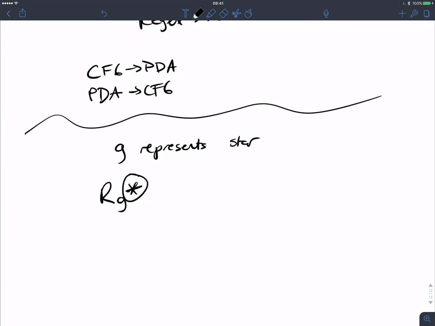RG is acceptable because R could be 0. So there's no operator between a valid regex and then a character star. In the example I had 0, star, star, star. There's no operator in between each one of those because star actually is an operator.